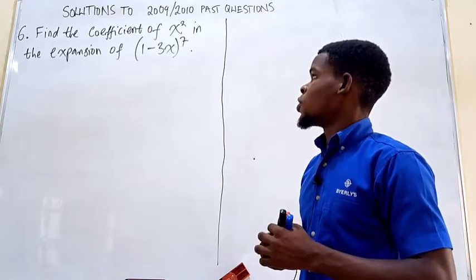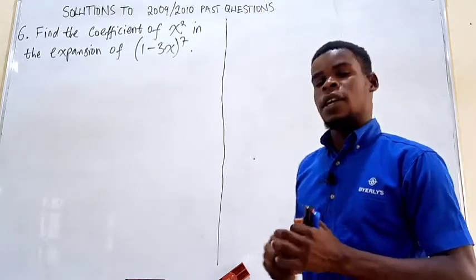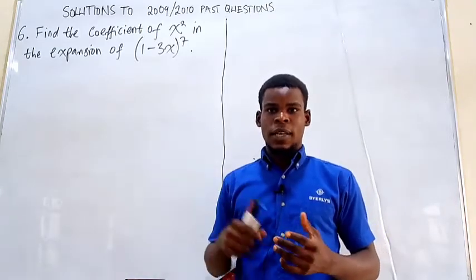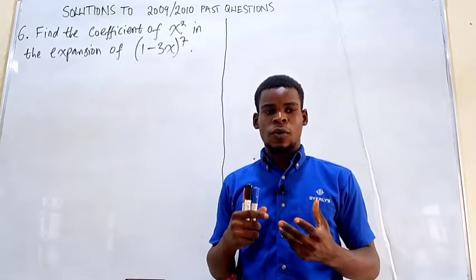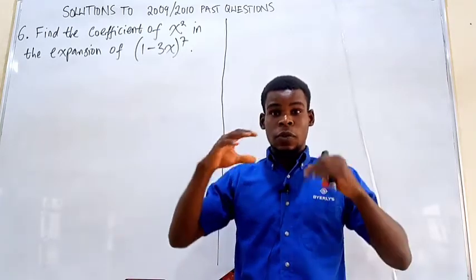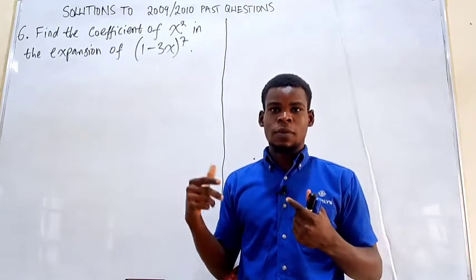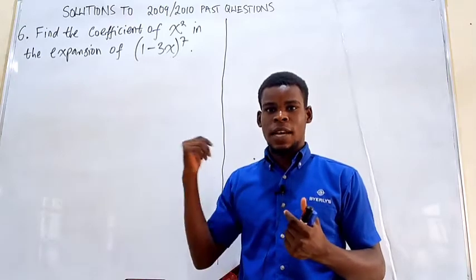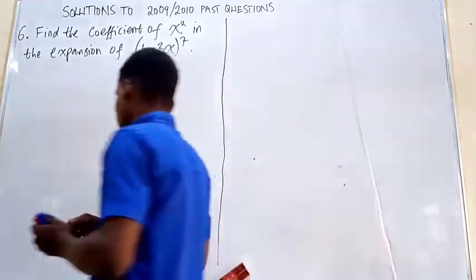How to tackle this question is by considering the power 2, that is, to make it square. When we consider the power 2, we are going to equate the power of a certain term to power 2, so we get the term that will give us that. Now, this is what I mean.